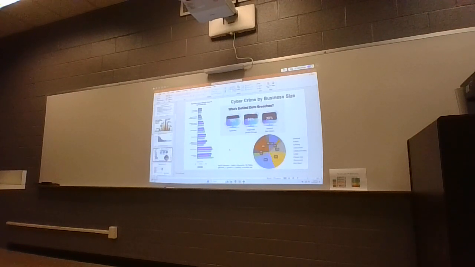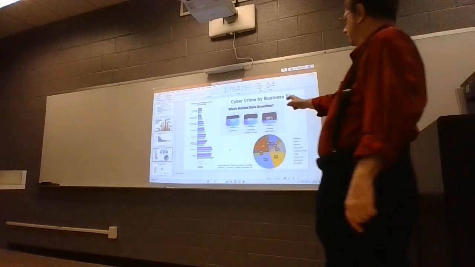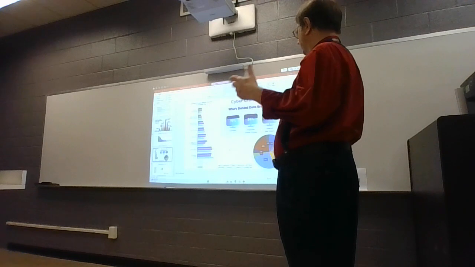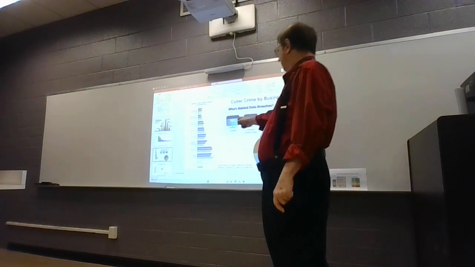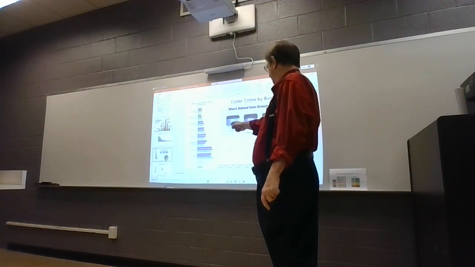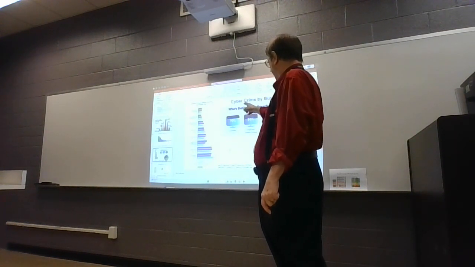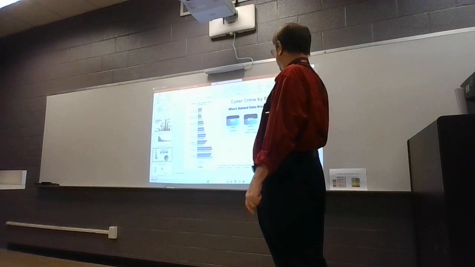Here's some other different numbers. I like to show both sides of the coin. So this one says that for data breaches, so this is like when they steal your customers' information, most of that happens by outsiders as opposed to internal. And I'm not sure how the percentages work. The 70 and 30 add up.